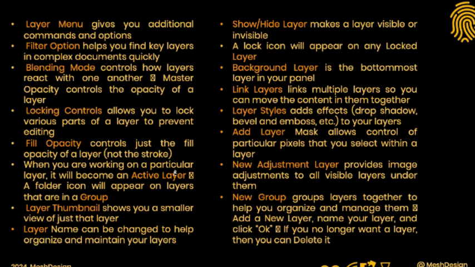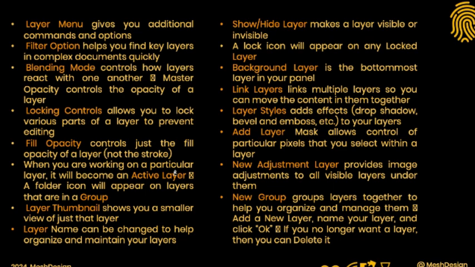And then layer style adds effects like drop shadow, borders and so on. So if you want to add a shadow, a color overlay, or do other special editing to a particular layer, you use the layer style, the FX icon.